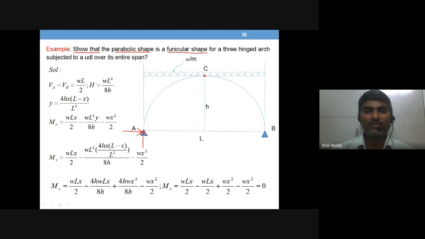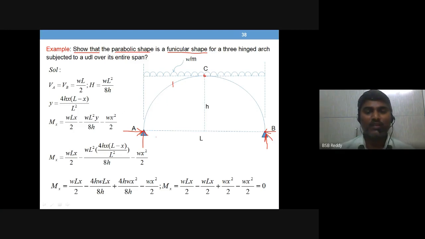For example, if you take a section here, if you want to write bending moment value, sum of all moments to the left or to the right. So what you need is these reactions. Then only it is possible to write bending moment value. Solving for support reactions is very similar to the other examples that we have discussed earlier.